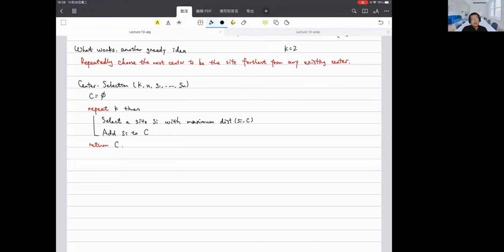So let's prove something. We need to use the greedy point to prove that we are giving a good algorithm here.